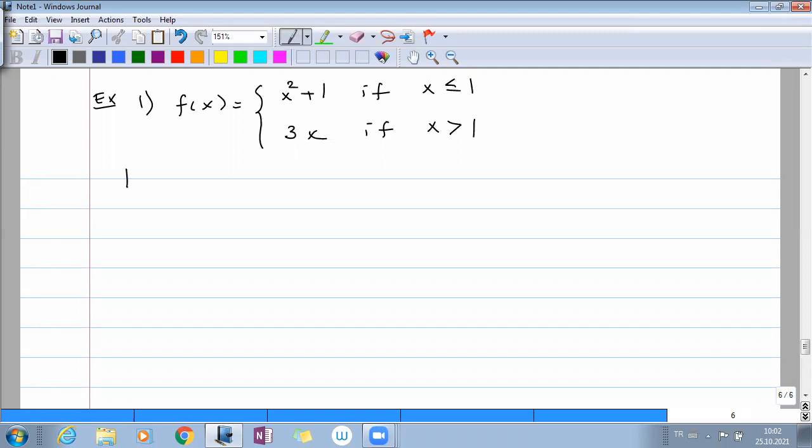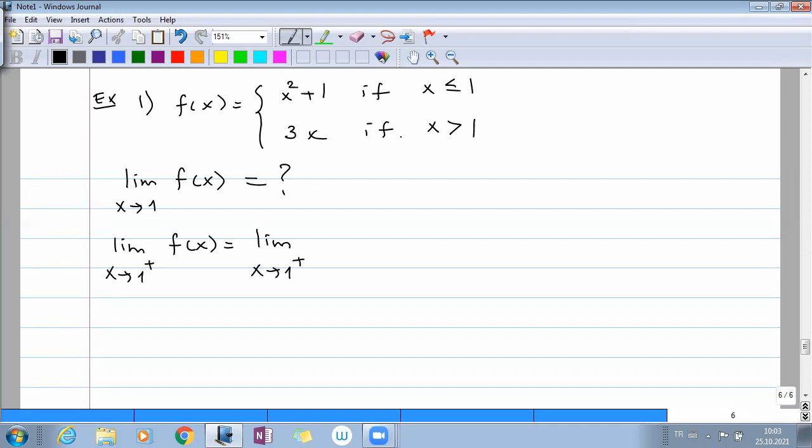Now, if you try to find the limit of this function as x approaches 1, since the function is defined differently on the right and on the left of x equals 1, we need to check the right limit and the left limit. If we are looking at the right limit, x approaches 1 from the right, it means x is greater than 1.